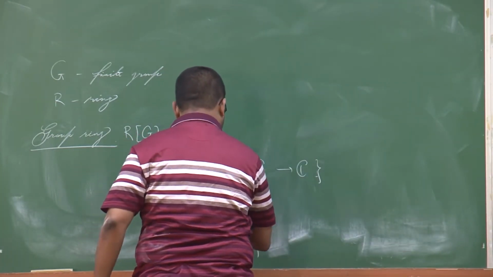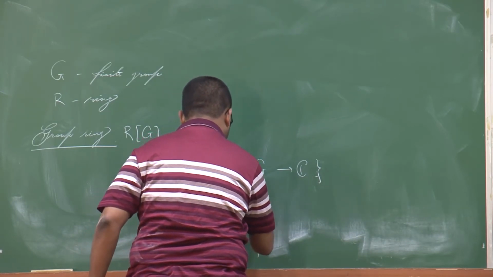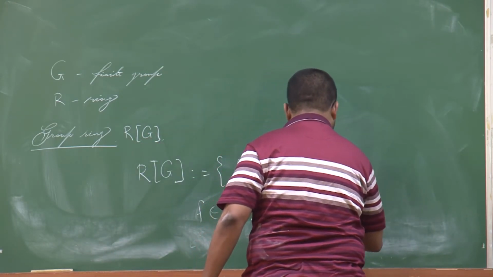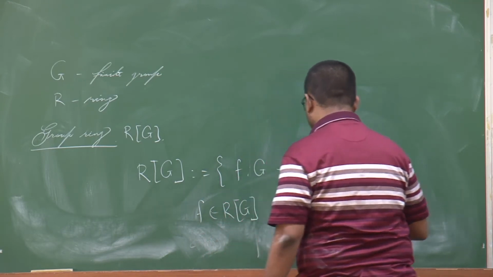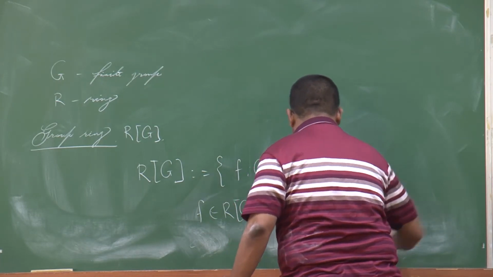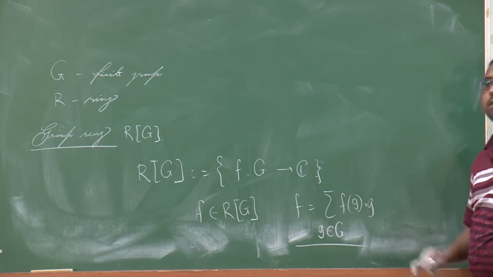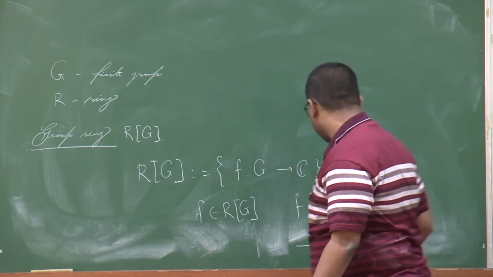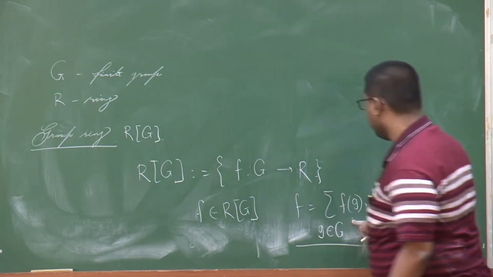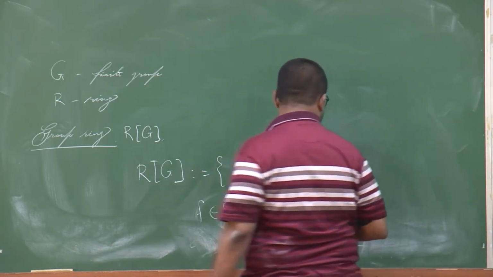Given a function f in RG, we will write f as the sum of f(g) times g. This is a formal notation. What we are doing is, corresponding to every point, we consider the value of the function at that point, and we simply write that value, from the ring, times g, and then we take their sum.